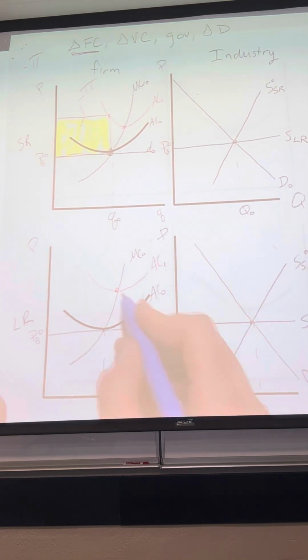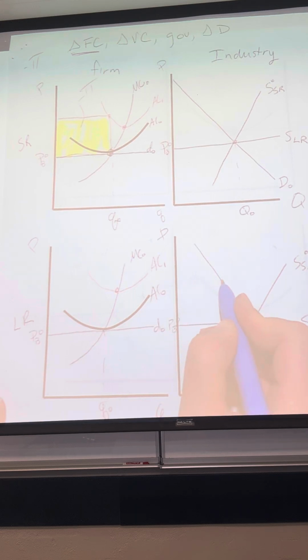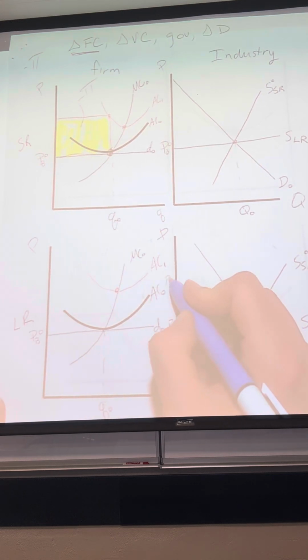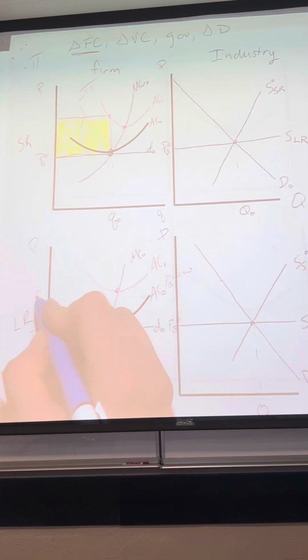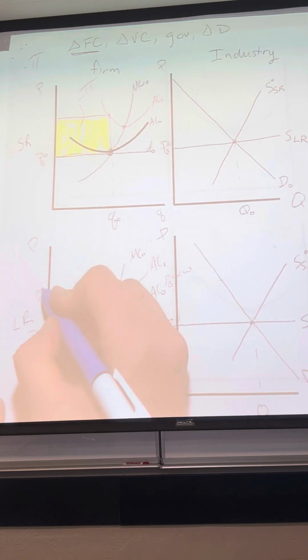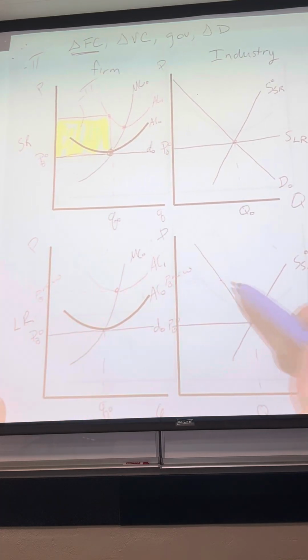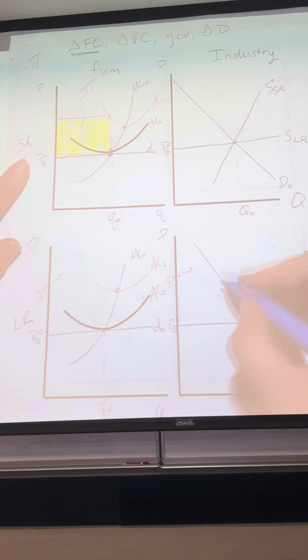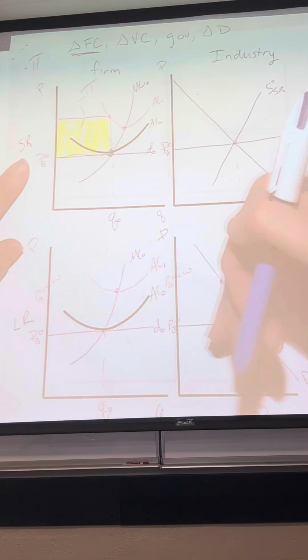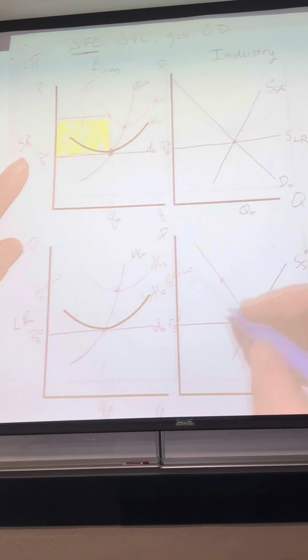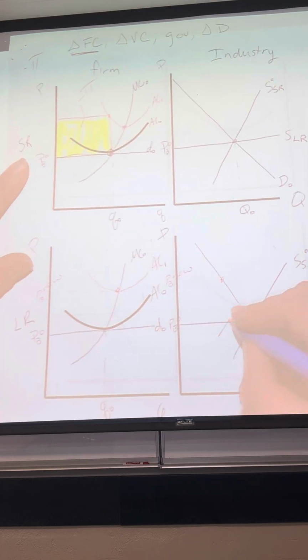And so my goal is to get towards the minimum of the new average cost. So my new break even is going to happen here. So I'm just going to make a note of that. I know that's where I'm going. And that's going to help me remember that I have a new break-even price, and I need to shift the short-run supply curve in the direction of that new break-even price to show exit. I'm going to do this in 2 shifts.